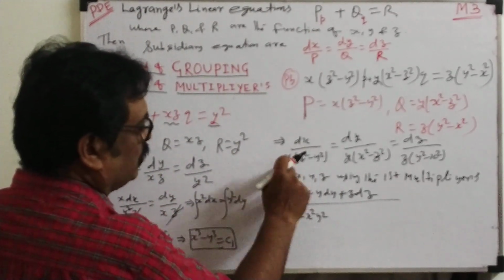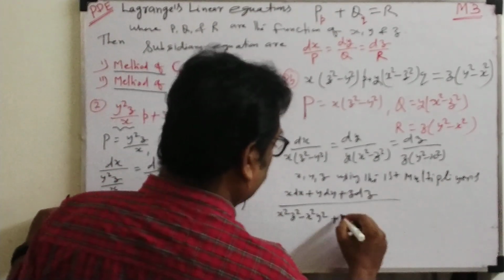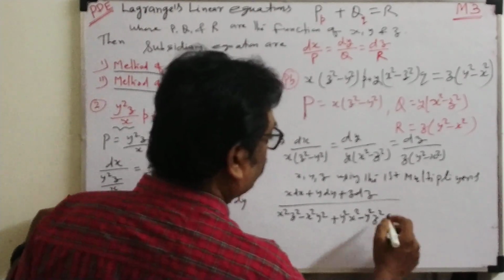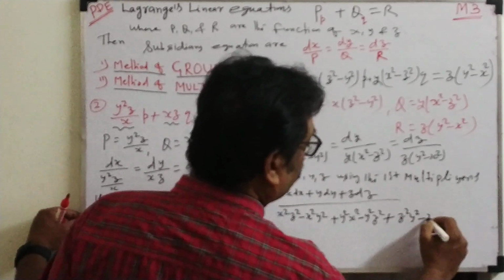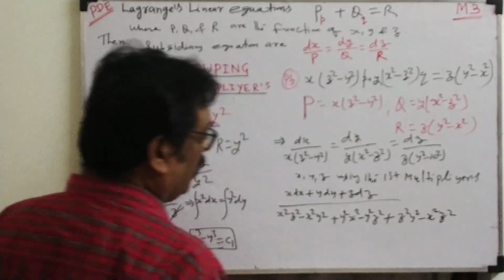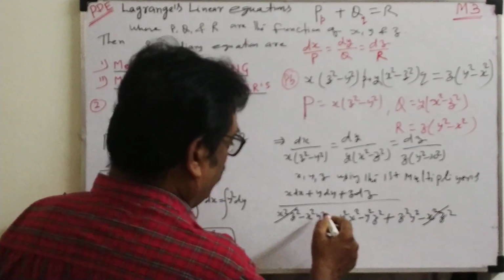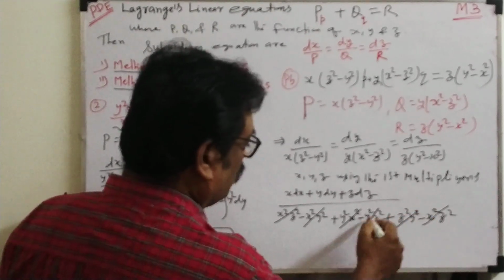So x² z² minus x² y², plus second, y: y² x² minus y² z². Third one, z: z² y² minus x² z². Now look here, x² z² minus x² z², x² y² minus x² y², y² z² minus y² z², so we got 0.